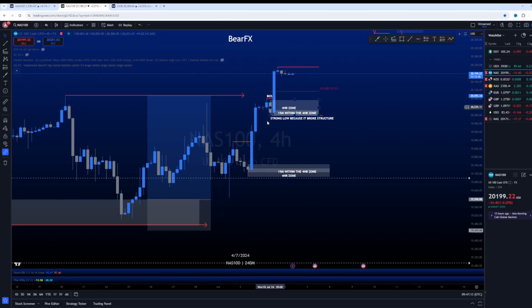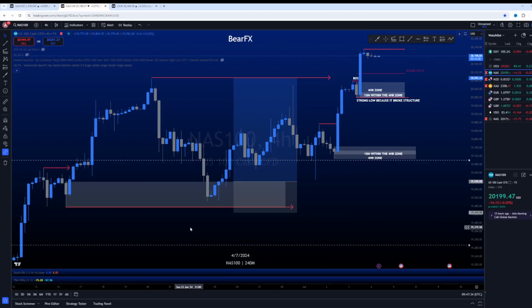Essentially, they can't hide, which creates these massive fair value gaps, which price then needs to fill. So price fills the fair value gaps and then pushes up again, which is what the pullback is. Price will pull back, take the fair value gap and push up.